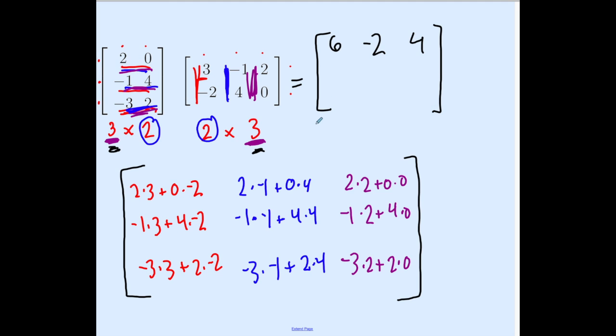Then -1 times 3 is -3, plus -8 is -11. -1 times -1 is 1, plus 16 would be 17. And then -1 times 2 is -2 plus 0 is -2.